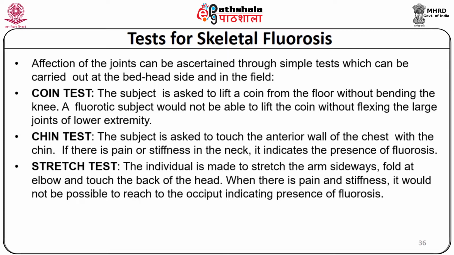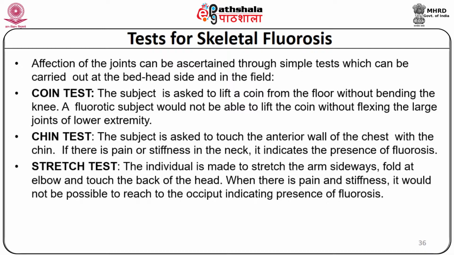So workers can be trained at the field level, and they will be able to detect skeletal fluorosis by these simple tests in the general population: Quant test, chin test, and stretch test.